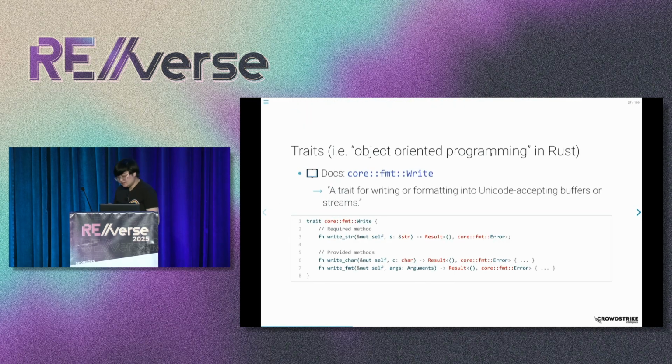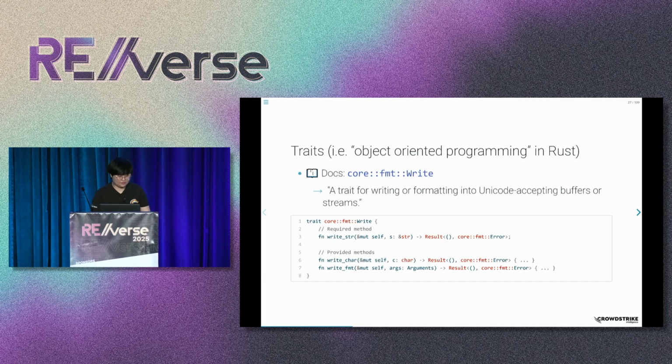So another concept in the Rust type system that's a bit different than C or C++ is traits. And this is how you do object-oriented programming in Rust, with very heavy scare quotes here. So this is very similar to interface types in other languages, where a trait is a certain interface that your concrete type has to implement in order to conform to that trait.